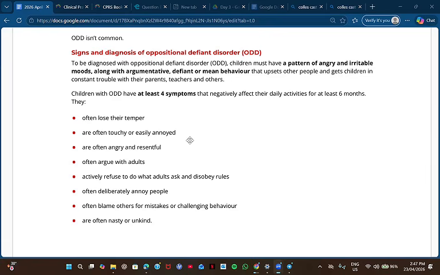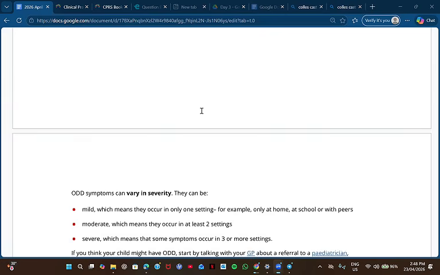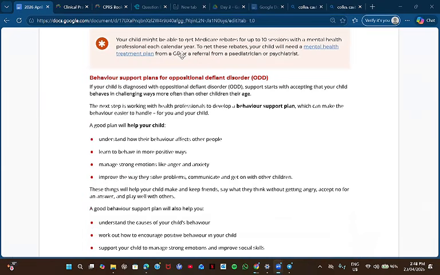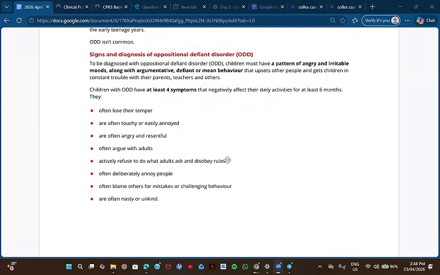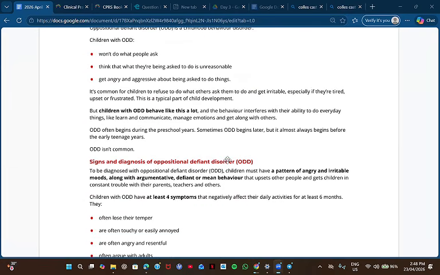They often lose their temper, are often touchy or easily annoyed, are often angry and resentful, often argue with adults, actively refuse to do what adults ask and disobey rules, often deliberately annoy people, often blame others for mistakes or change in behavior, or are often nasty and unkind, right? Very important. Doctors, I hope you remember about ODD behavior.